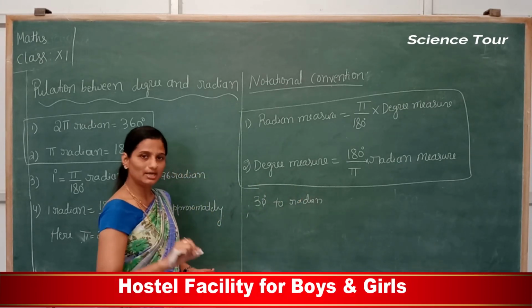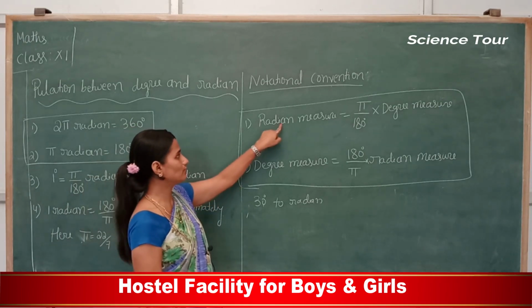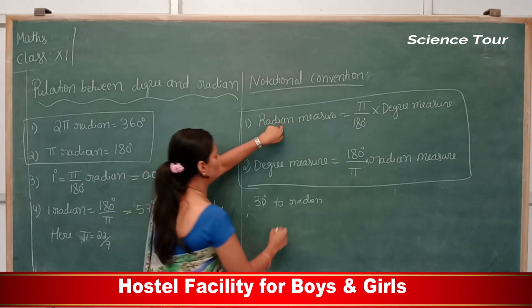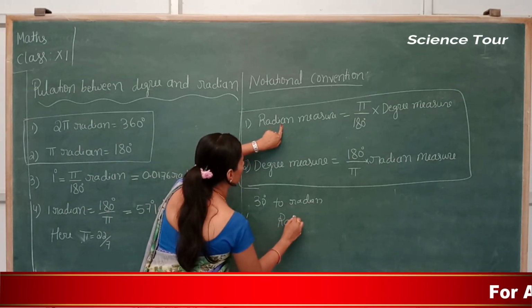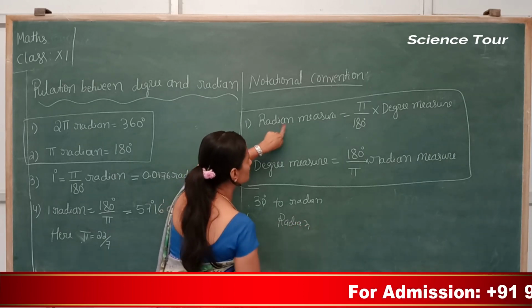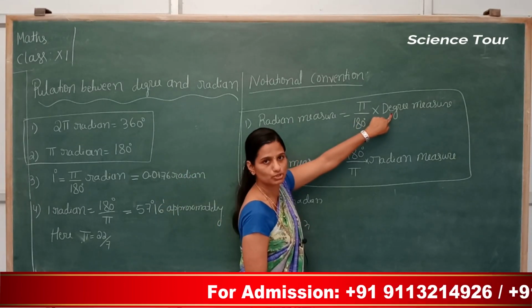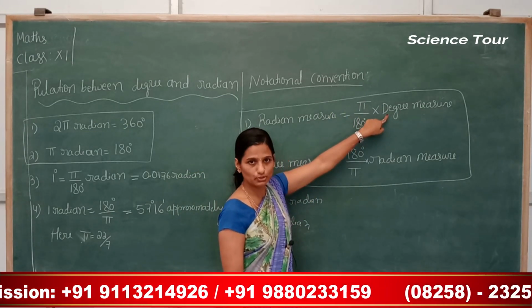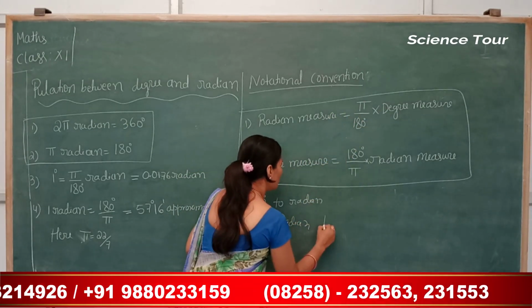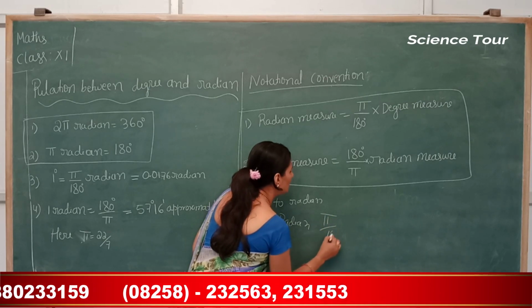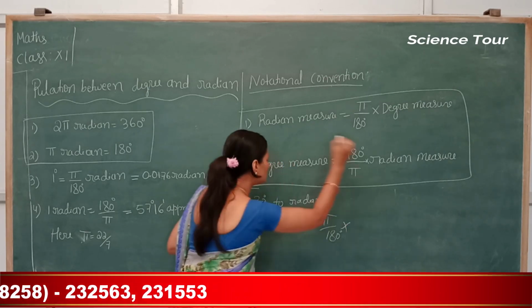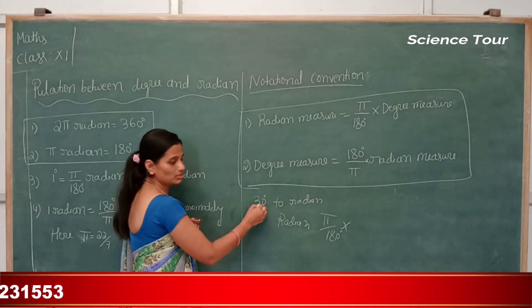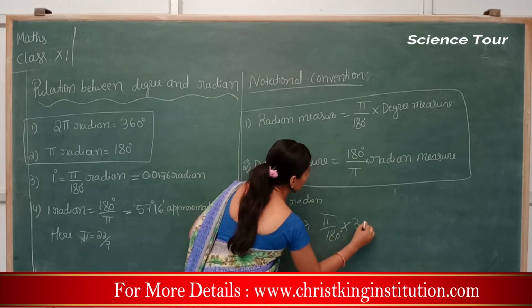So radian is equal to, with degree substitution, pi divided by 180 degree into the degree measurement, which is 30 degree.